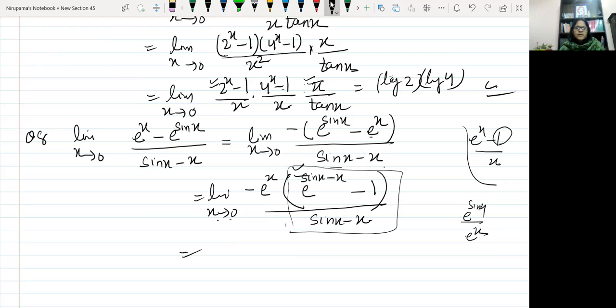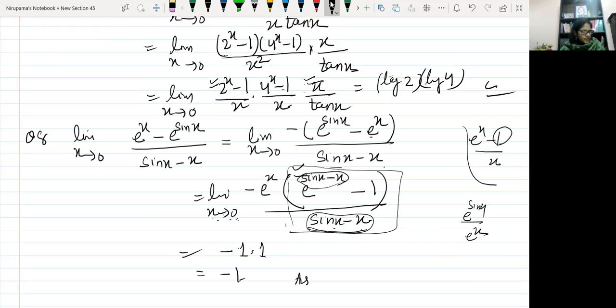Means you are getting minus of, as x approaches 0, this is e to the power 0, I mean 1, and the power and denominator are the same, and sin x minus x also approaches 0 as x approaches 0. Means we are getting here 1. So your answer is minus 1.